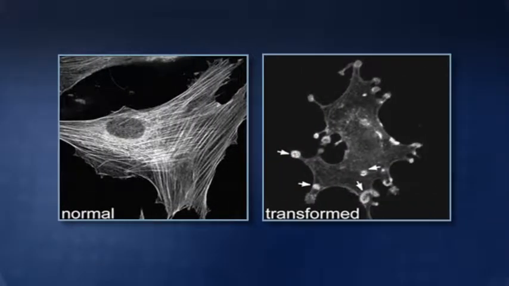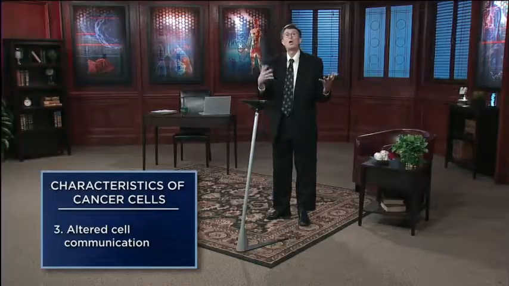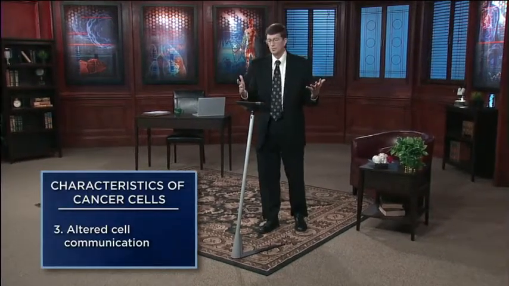And here is a transformed tumor cell, and it looks like a mess. Alterations of these fibers inside the cell are important for the structure and shape of the cell, but some of these alterations at the edge of the cell also allow the cell to have projections so it can move. This is very important in cancer metastasis, which I will describe in a subsequent lecture. That's the second property.